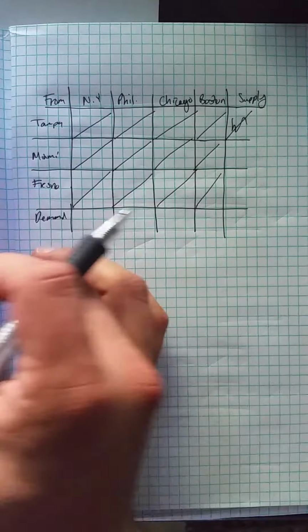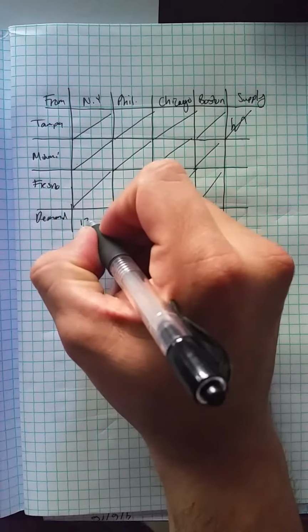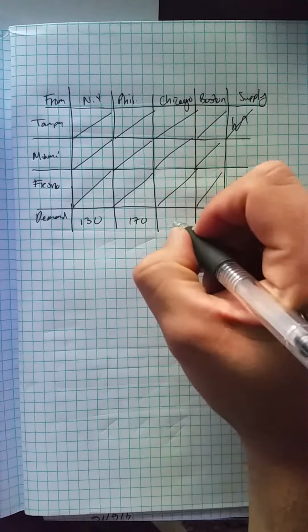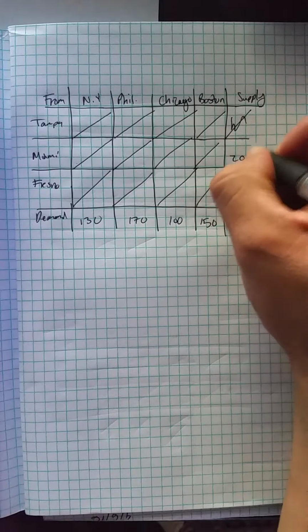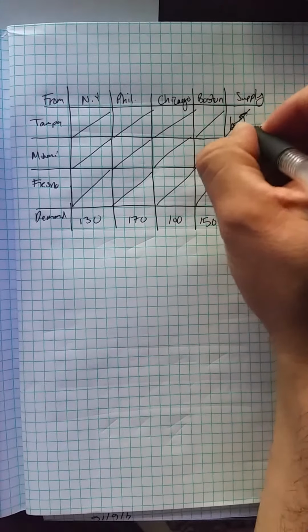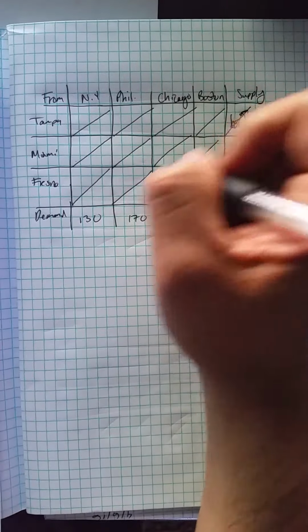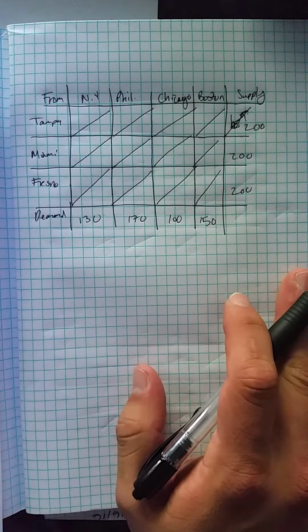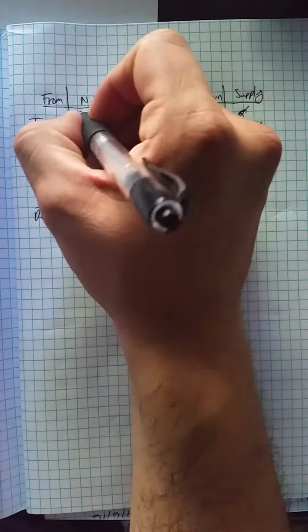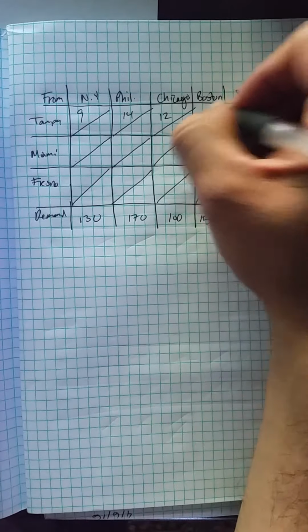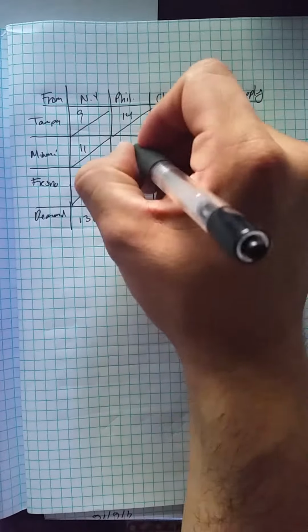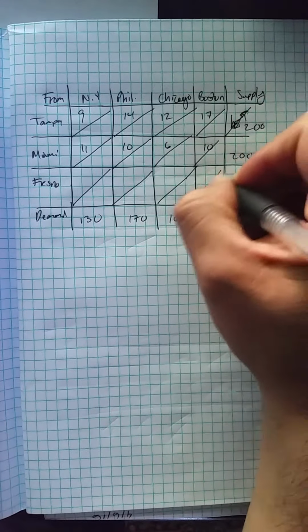I'll compare in a second, but 130, 170, 100, 150, 200, 200, 200. And this one's actually a little tricky, but I'll show you how I came to the conclusion for this one. So the price here is 9, 14, 12, 17, 11, 10, 6, 10.